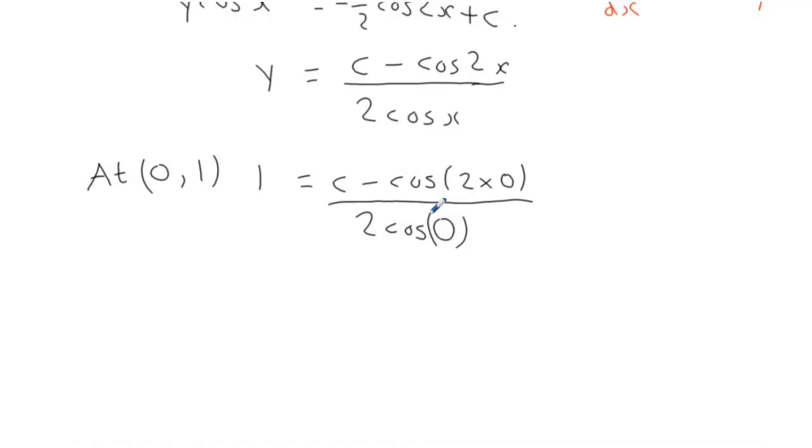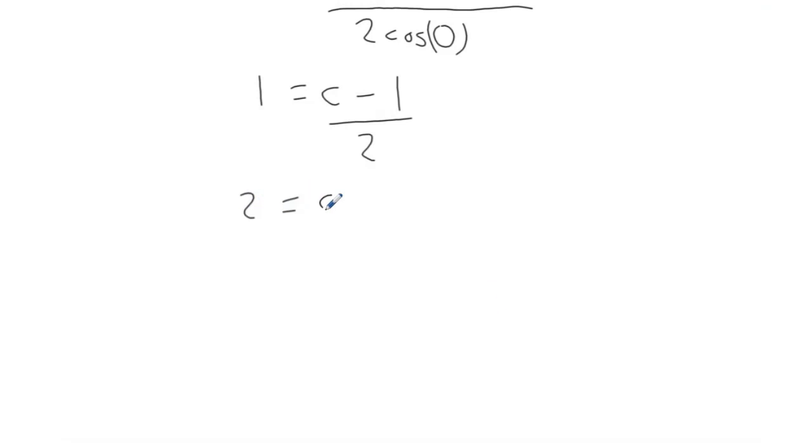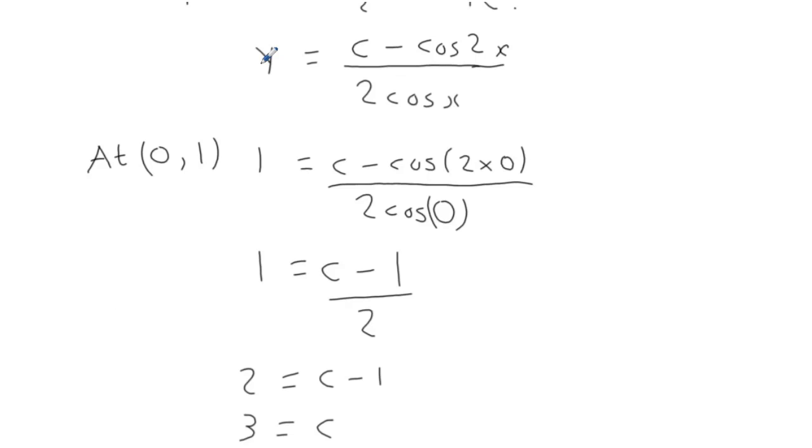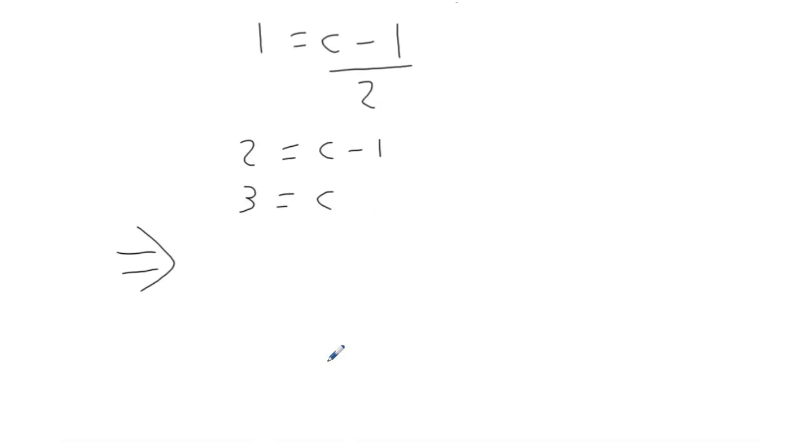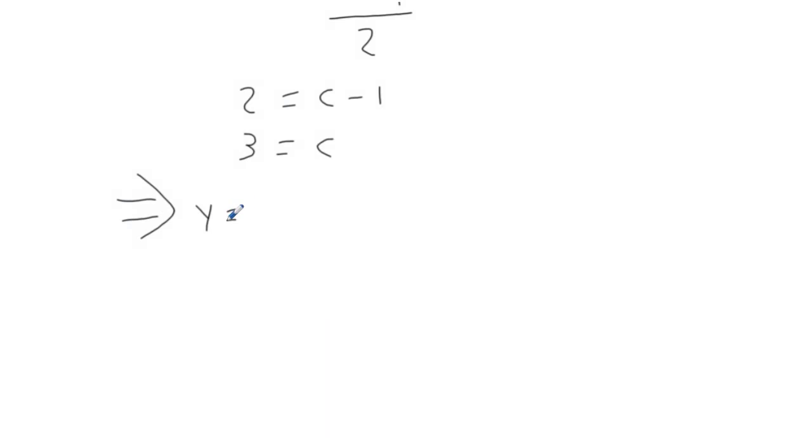Cos 0 just equals 1, so 1 equals c minus 1 over 2 times 1, which is 2. So 2 equals c minus 1, so c must equal 3. So the particular solution, the solution to the initial value problem, is y equals 3 minus cos 2x over 2 cos x.